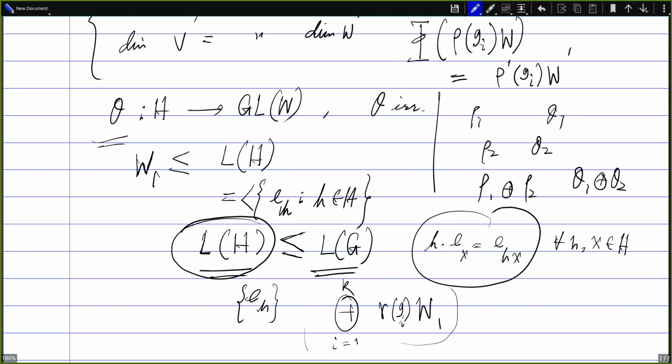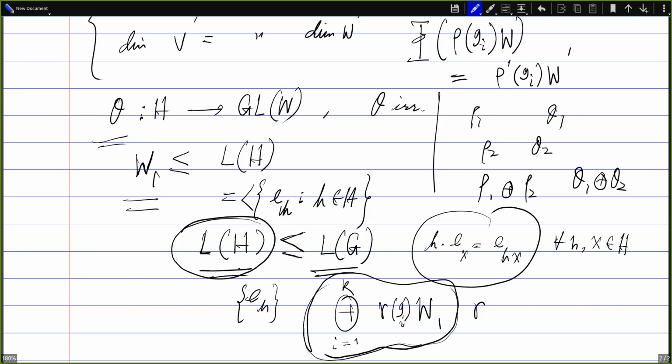And hence the subrepresentation of the left regular representation of G, the subrepresentation of R, where R is the left regular representation of G on this subspace, is induced by the subrepresentation of the left regular representation of LH on W1.